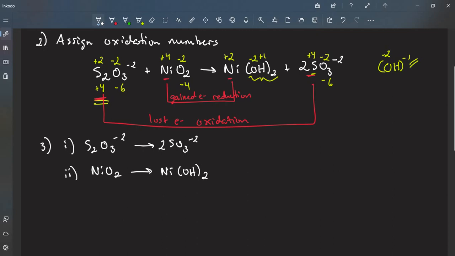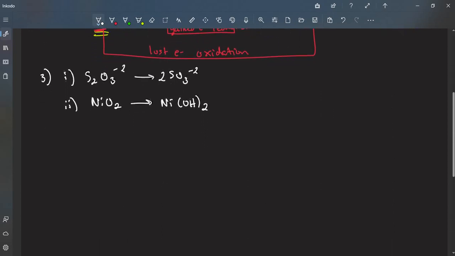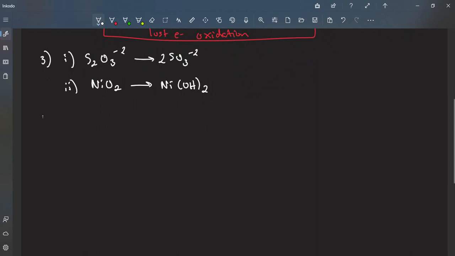Okay, there we go. So we've written out these half reactions. Now for the longer step, because this has 2 parts to it, we're going to balance. It's hard to balance this. First, we're going to balance our atoms, which include oxygen and hydrogen, in that order. Then we're going to balance our charges.